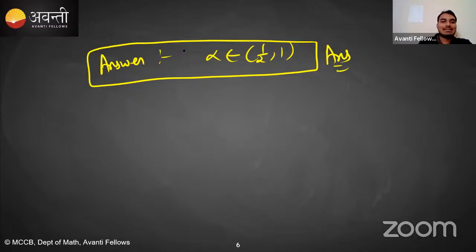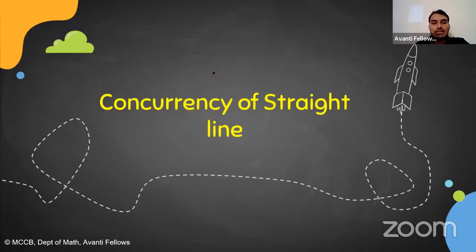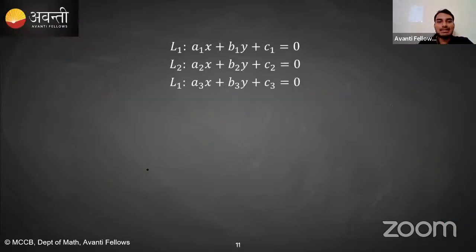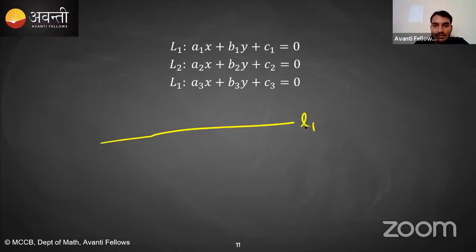So now let's start with the topic concurrency of straight lines. What does this mean? Let's say we have 3 lines. L1 is A1x plus B1y plus C1 is equal to 0. So this is your L1. And let's say L2 is this.